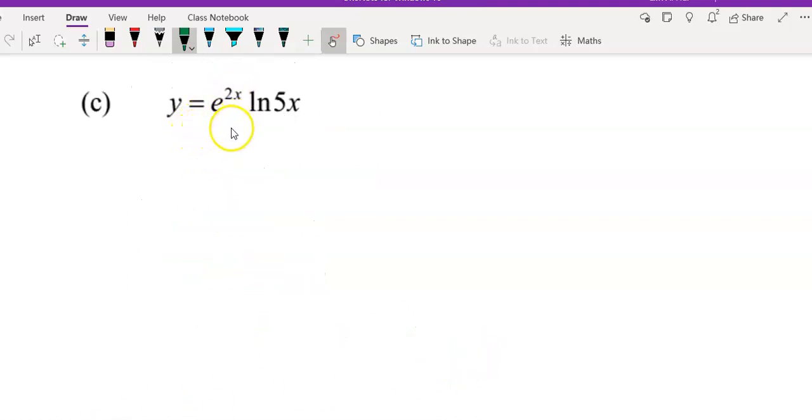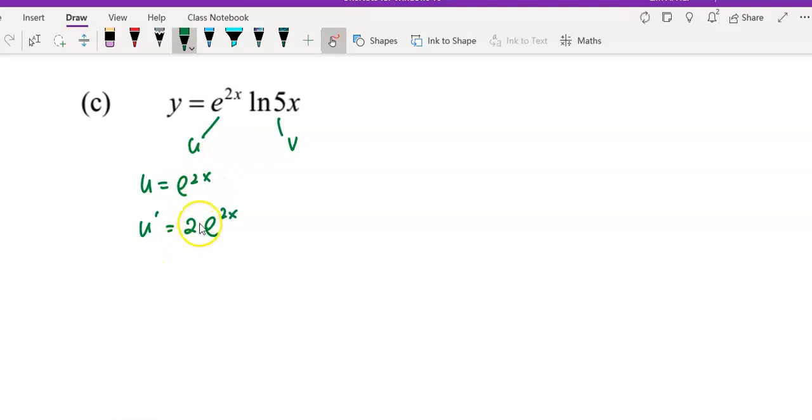For this question, we're going to apply the product rule because we have a multiplication of the exponential function and the log function. First, we let u be e^(2x), and v be log 5x. Write down u as e^(2x) and differentiate with respect to x to get u prime, which is 2e^(2x).